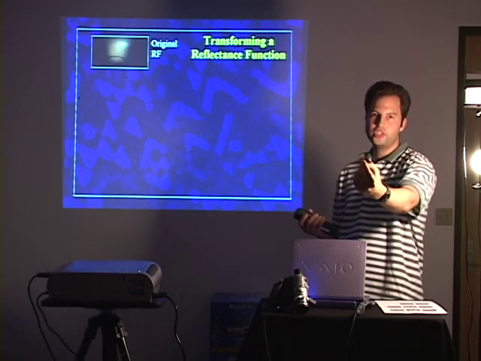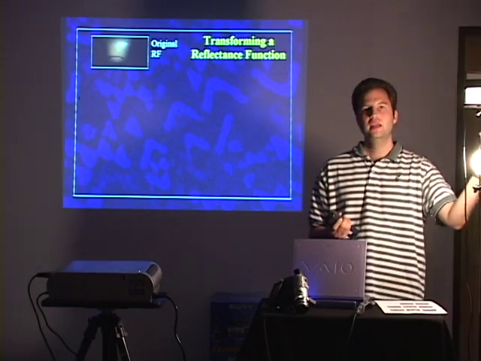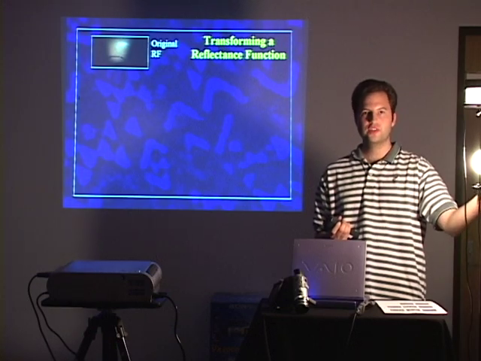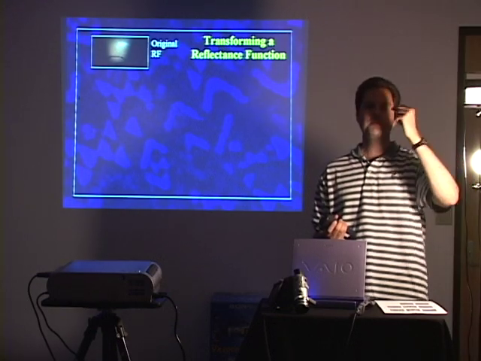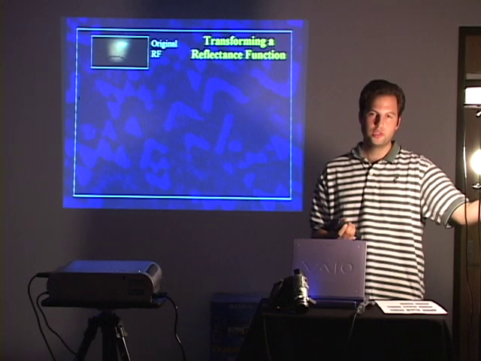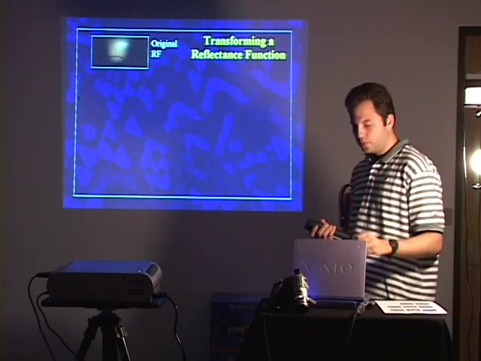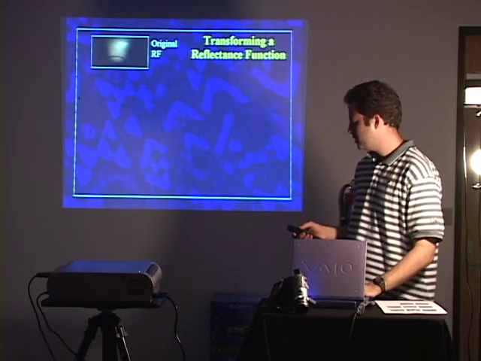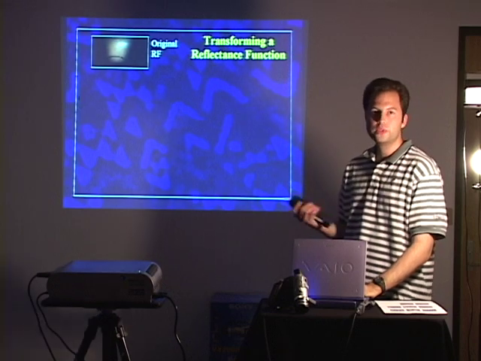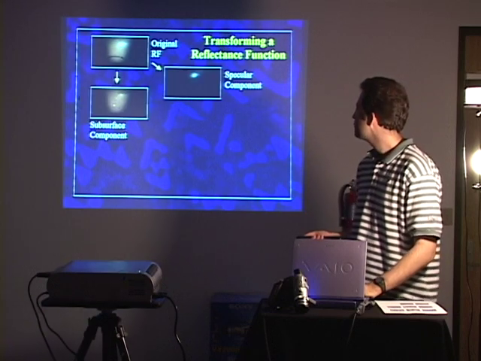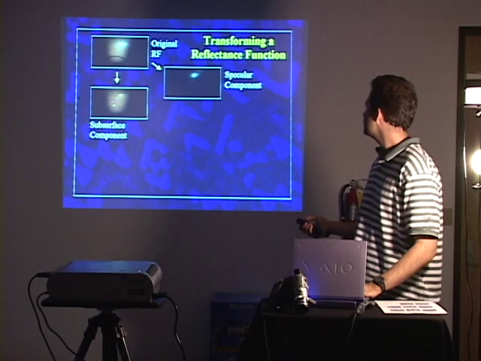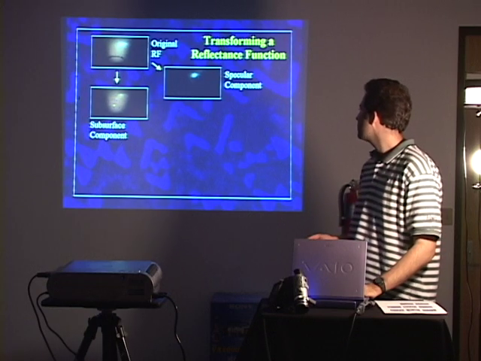What we need to do to generate a rendering from a new viewpoint is to resynthesize this reflectance function to be the way it would look if that piece of skin were observed from a new position. So what we'll do first is split the reflectance function into its two components, which we do based on color space analysis, into its A subsurface component and B into its specular component.